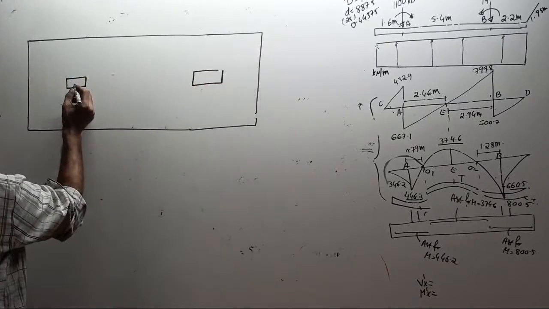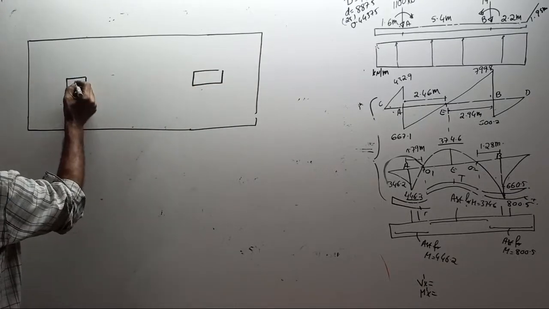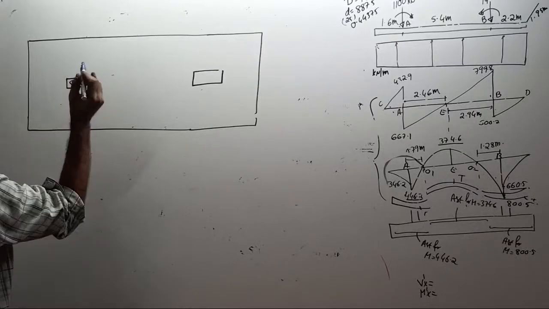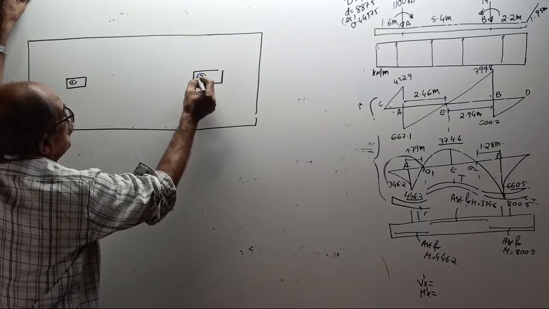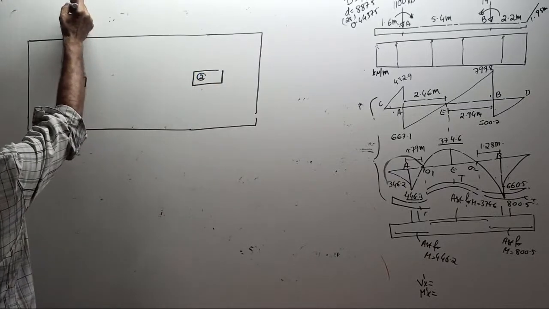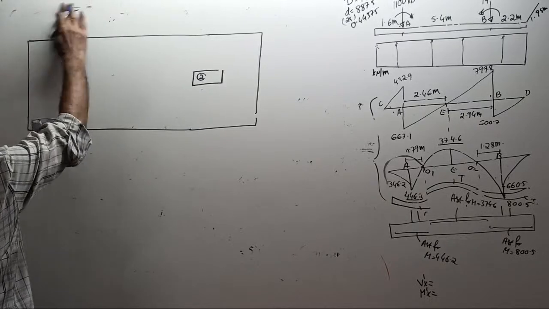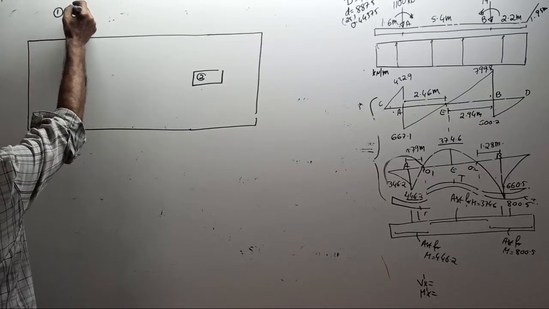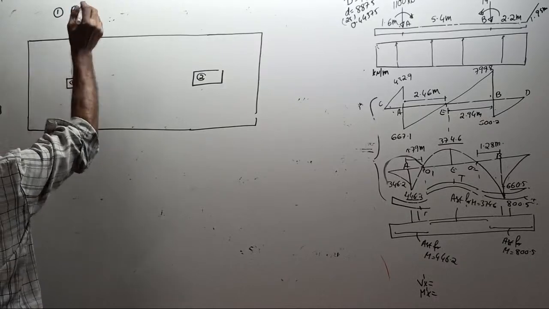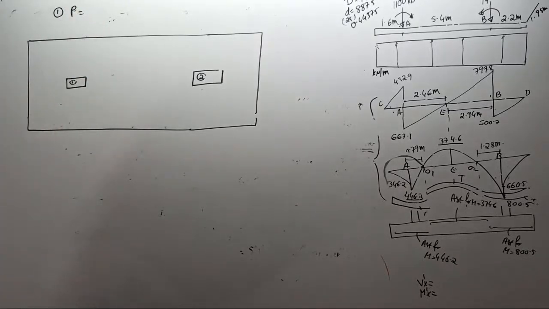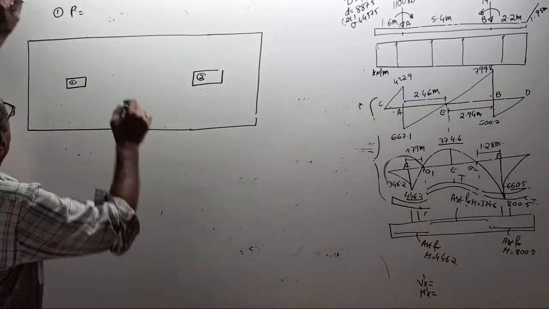Tell me. This column I will call column number 1. This I will call column number 2. Tell me, column number 1, what is the axial load P? 1100 kilonewton.